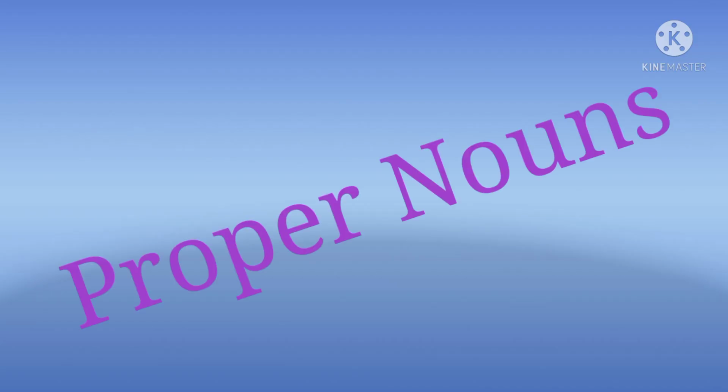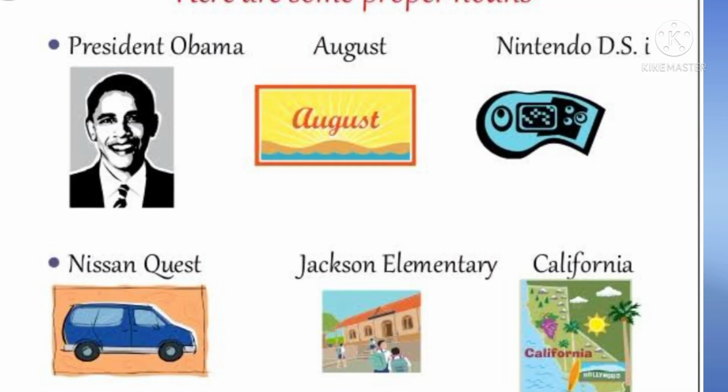The first type of nouns are called proper nouns. If you look at this picture, I think you will understand what proper nouns are, because all these refer to a particular person, particular thing, particular object, etc. For example, President Obama.